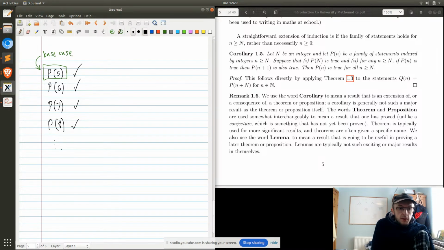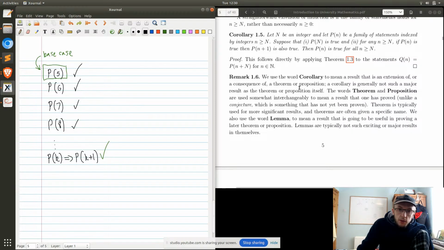And then all you have to do is show that if it's true for k, it implies that it's true for k plus 1. Then it's true for any natural number that's greater than or equal to 5. Yeah. Okay.